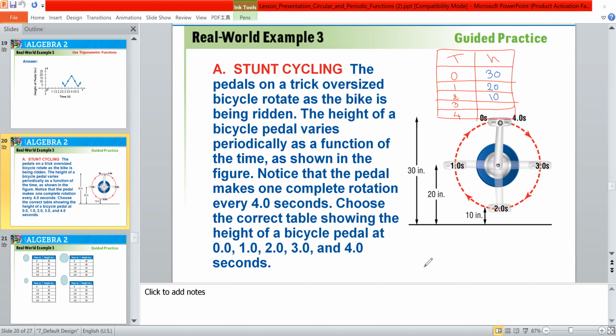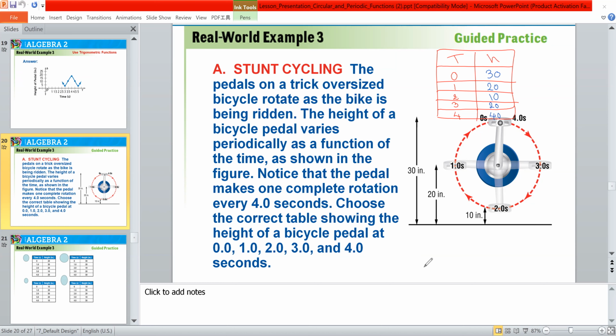The height after 3 seconds, 20. After 4 seconds, 30. So our table is 0 to 30, 1 to 20, 2 to 10, 3 to 20, then 4 to 30. So we'll choose the table that represents our answer.